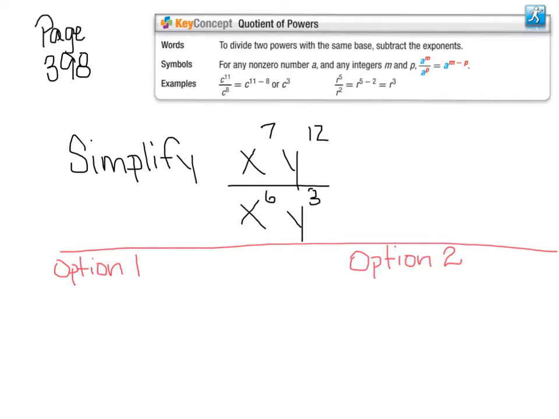X to the 7th power means I have x multiplied by itself 7 times. And y to the 12th means y multiplied by itself 12 times. And I'm running over into option 2 here, so I'll have to do some erasing before we can see option 2.